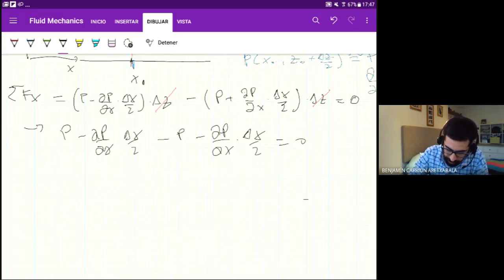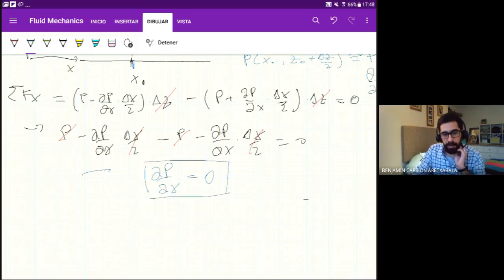Here it's clear that we can cancel out the pressure, and we can also cancel out delta x. So the result is that dP at dx is 0. So the gradient of pressure with respect to the horizontal direction is 0.